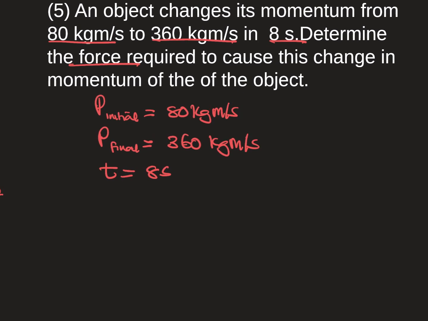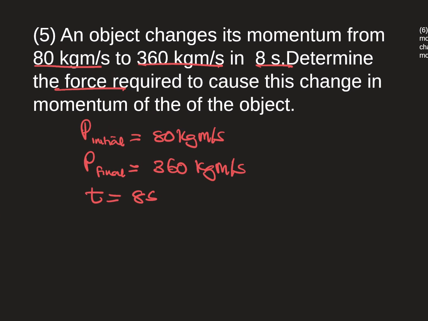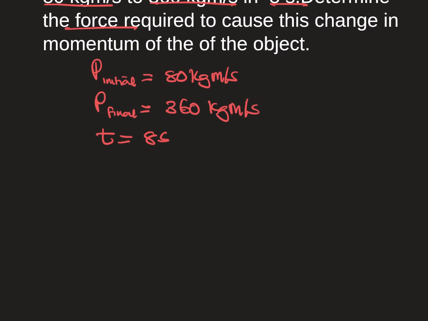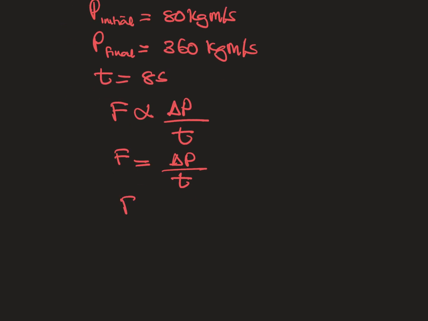So the relationship between force and change in momentum is stated by Newton's second law of motion, which is that the force is directly proportional to the rate of change of momentum. When we talk about rate, we are dividing by time. Okay, so force is equal to the change in momentum divided by time. The force is equal to, what is the change in momentum?